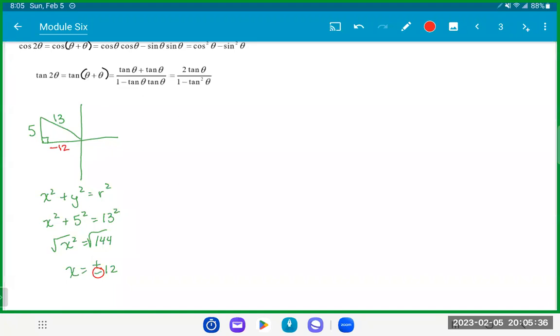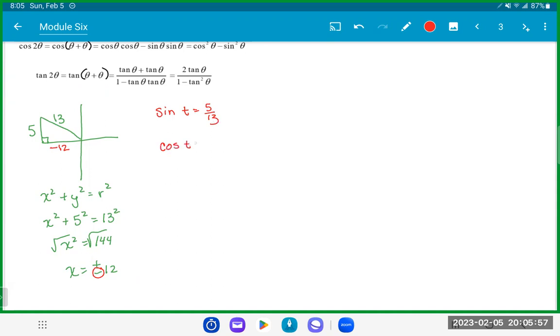That's actually really important when you go and write out what each sine, cosine, and tangent are in that second quadrant. Okay. So our sine we were given, right? So the sine of t is equal to 5/13.